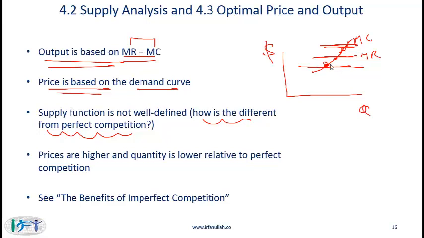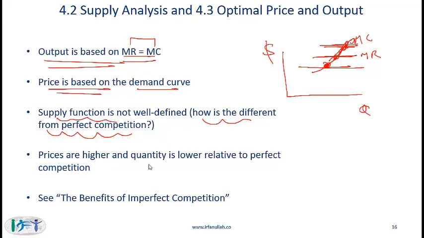And then the supply will be based on marginal cost as long as the marginal cost is greater than the average variable cost. With monopolistic competition, we have a downward sloping marginal revenue curve, so we can't do the same analysis. The supply then is not as nicely defined, and the curriculum points out, as well as with subsequent market structures, that the supply function is not well defined.